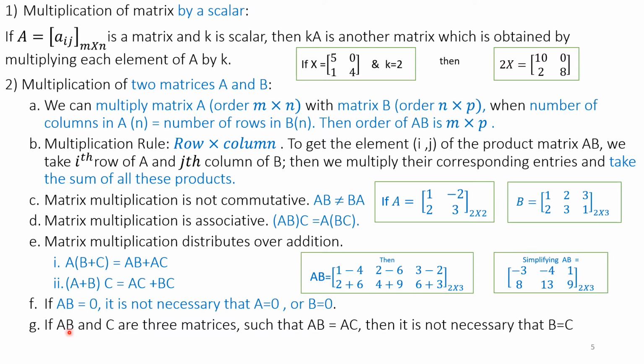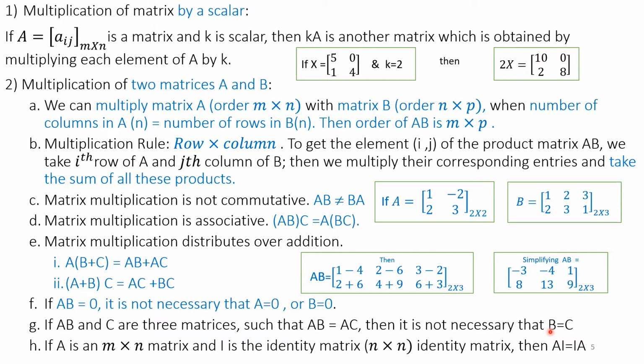Similarly, if A, B and C are three matrices such that AB equals AC, then it is not necessary that B equals C. The last property is, if A is an M by N matrix and I is the N by N identity matrix, then AI is equal to IA.